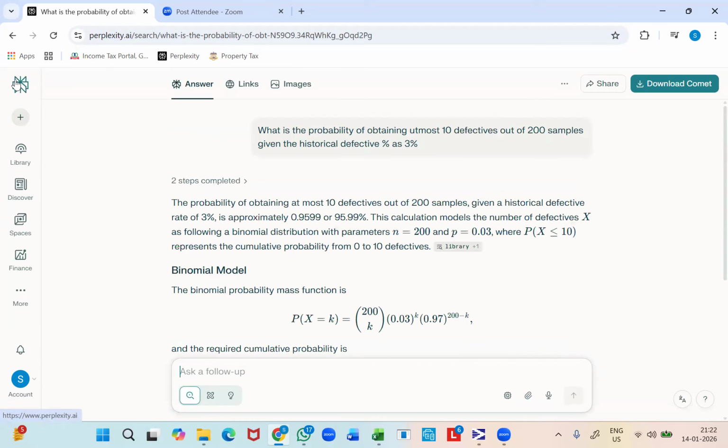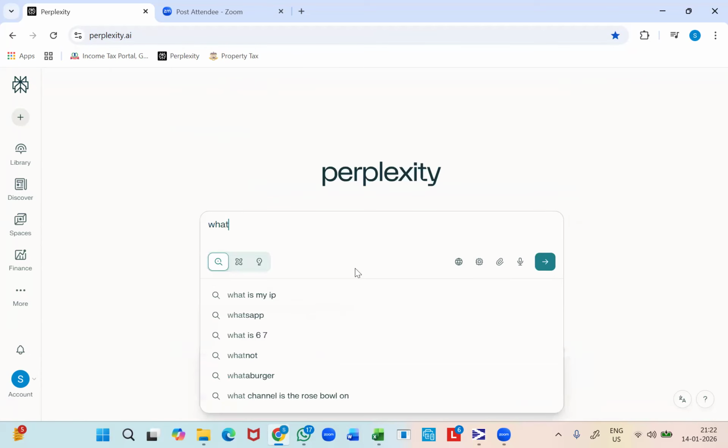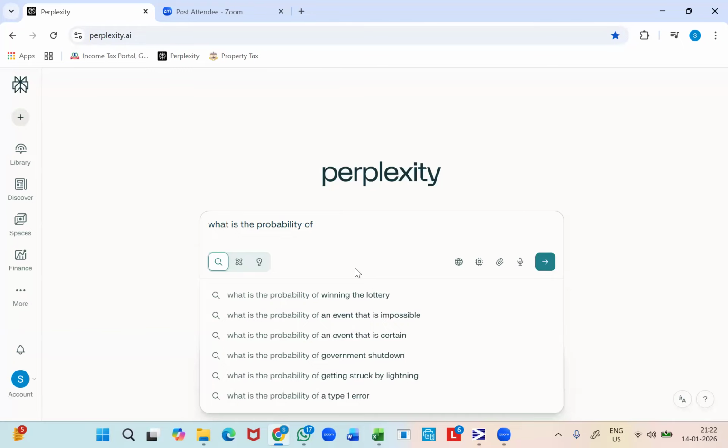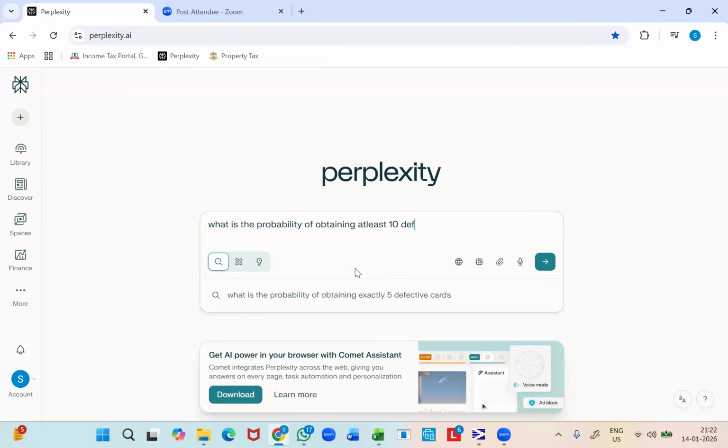And the third scenario, what is the probability of obtaining at least 10 defectives out of 200 samples given the historical defective percentage as 3%.